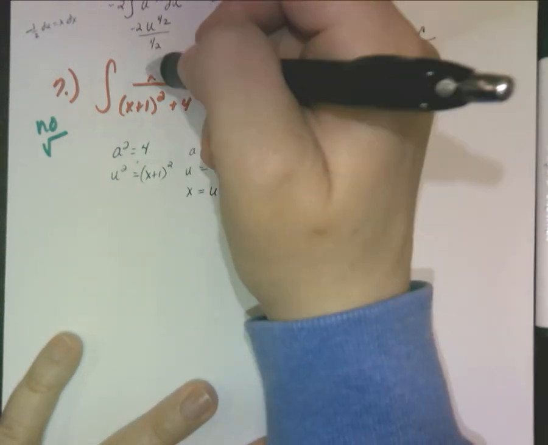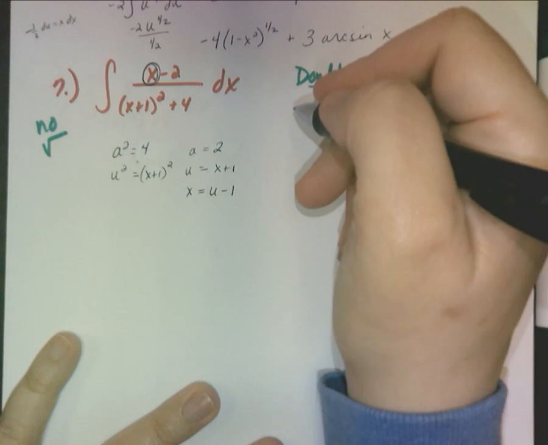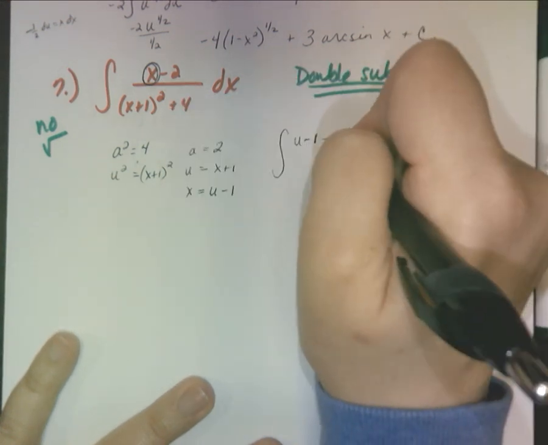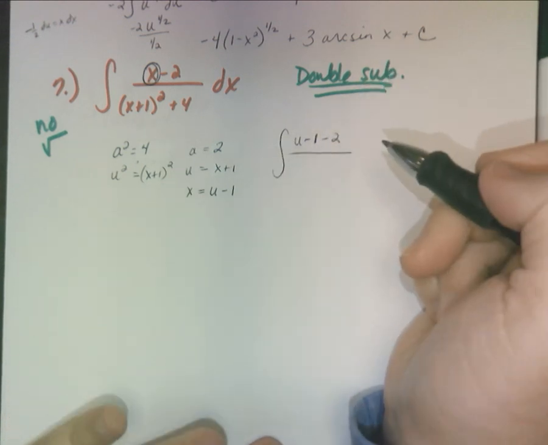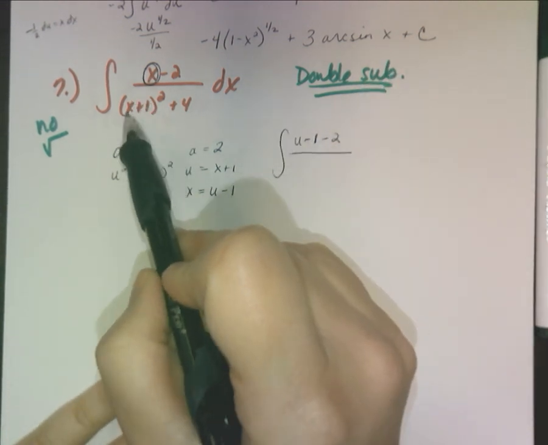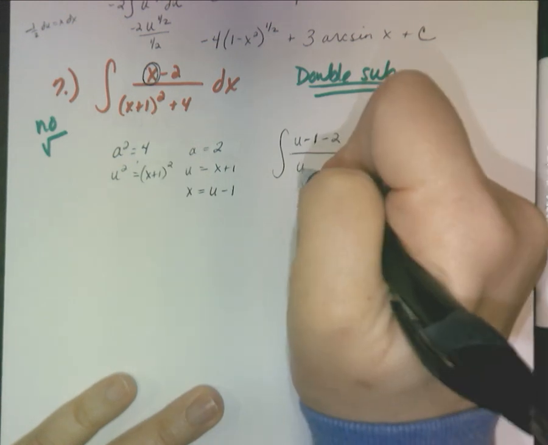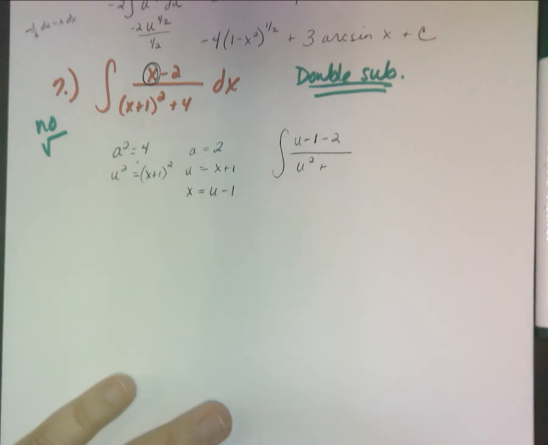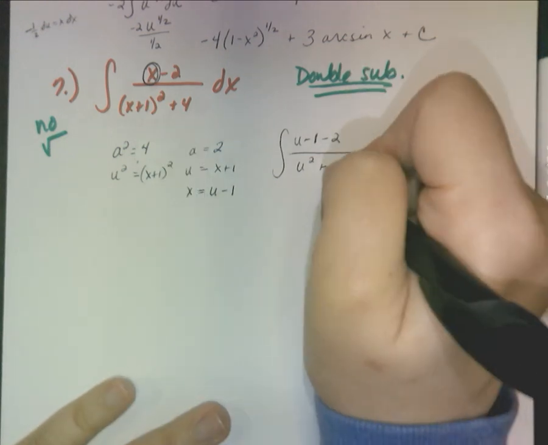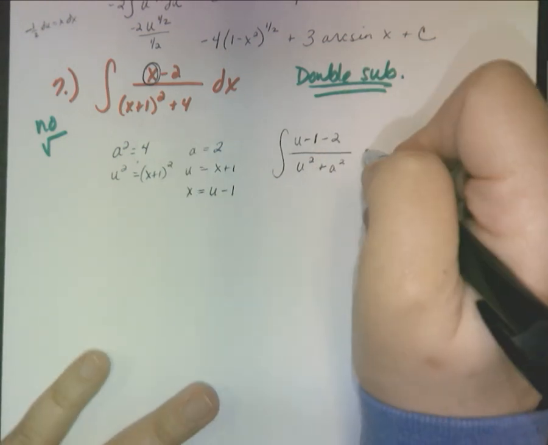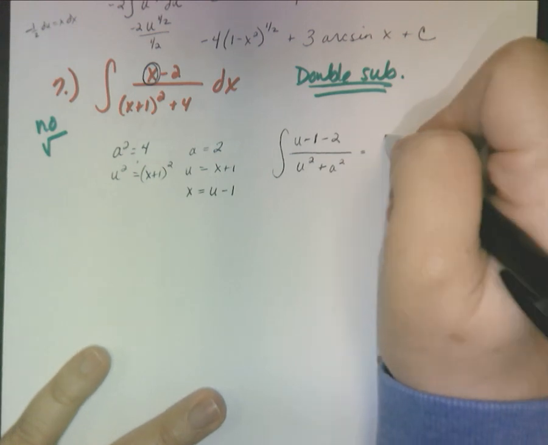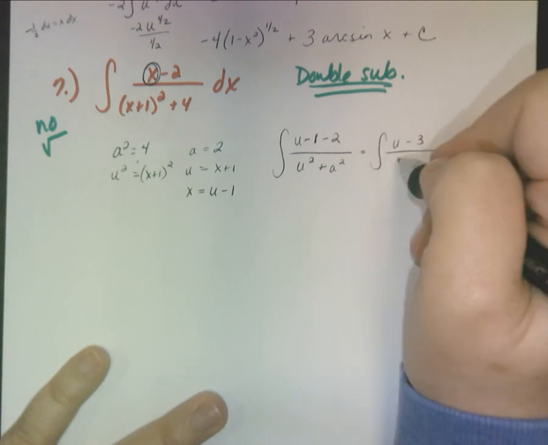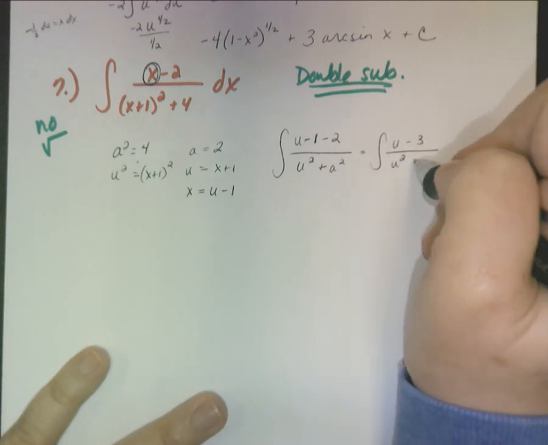But if x is equal to u minus 1 and then minus 2, over, and this is our u squared plus a is our 4, so that's a squared in that form. So then this would be u minus 3 over u squared plus 4.